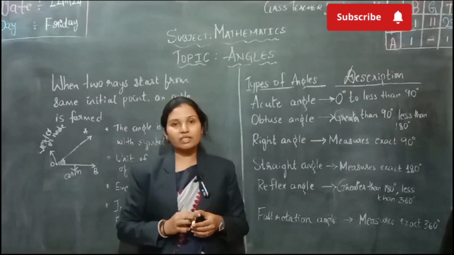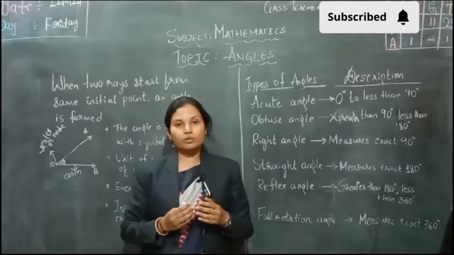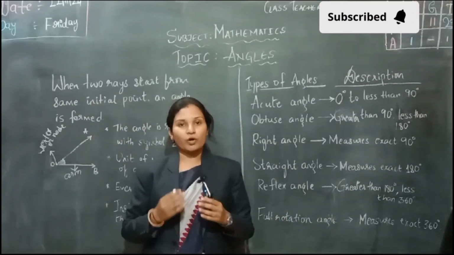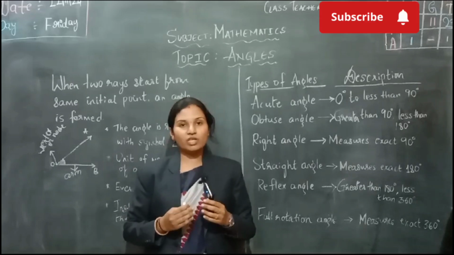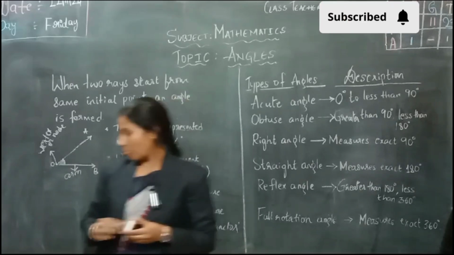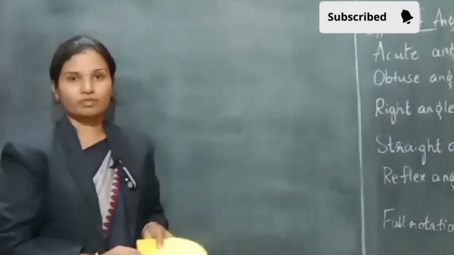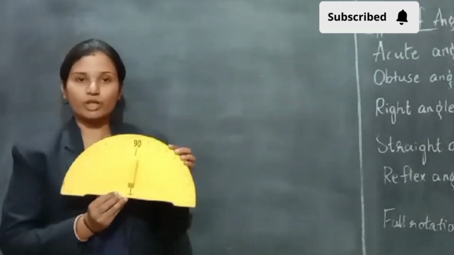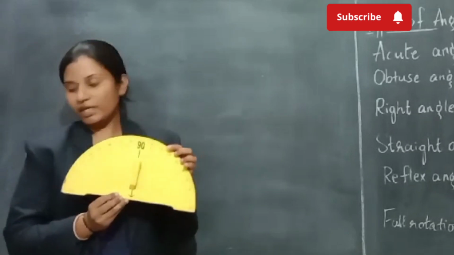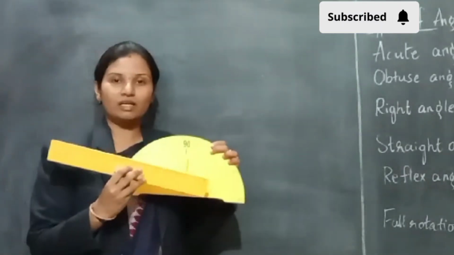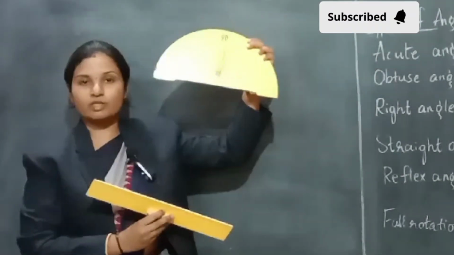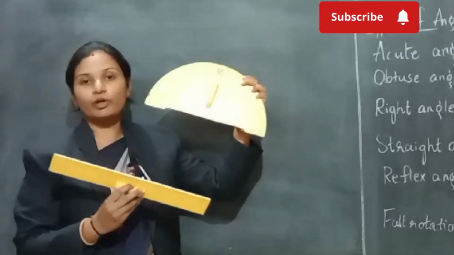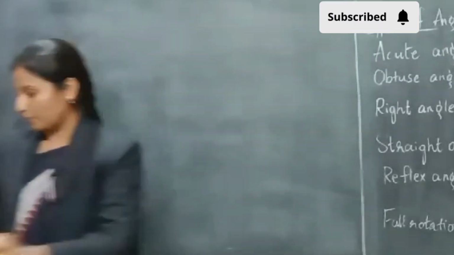Now we have discussed the types of angle. Now let's use the instrument called protractor and scale to measure the different types of angles. This is the instrument which is called protractor, which we use to measure an angle. We need a scale. This is the scale, and this is the protractor by which we are going to measure different angles.